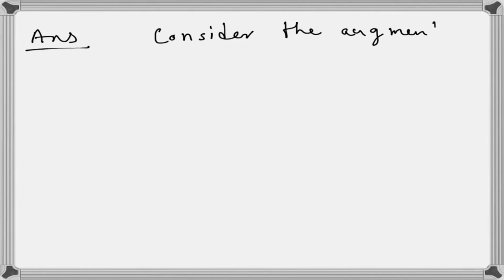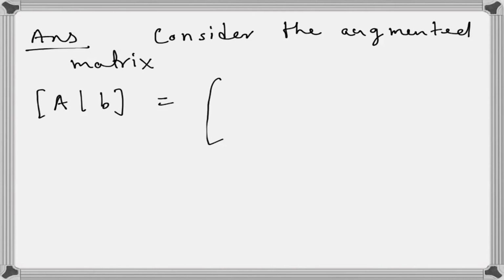Okay, so first, consider the augmented matrix AB, which is nothing but 1 alpha square, alpha 1 alpha square, alpha 1, minus 1 1.